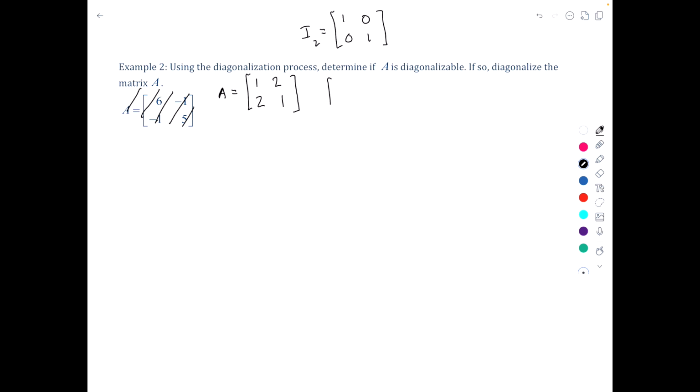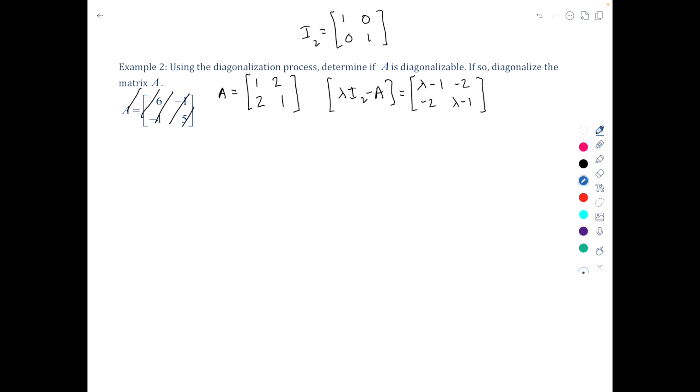And then lambda I2 minus A is going to be equal to lambda minus 1, -2, -2, lambda minus 1. Cool so far? Excellent.